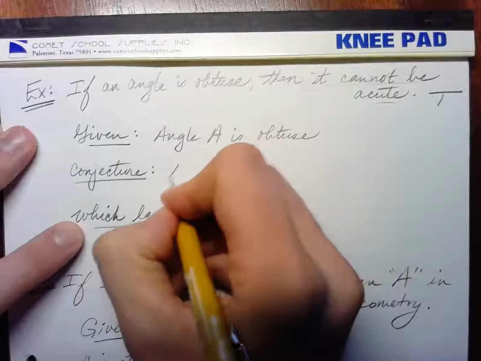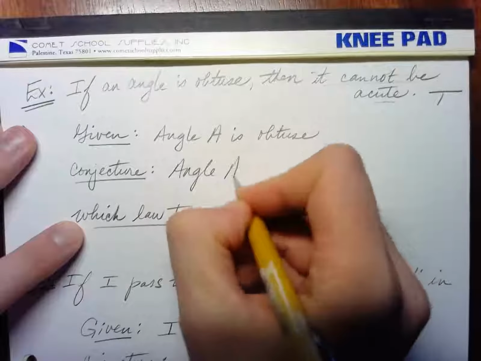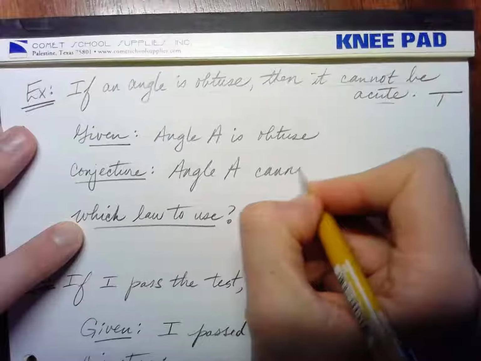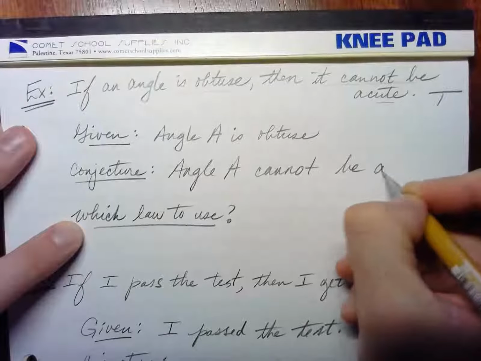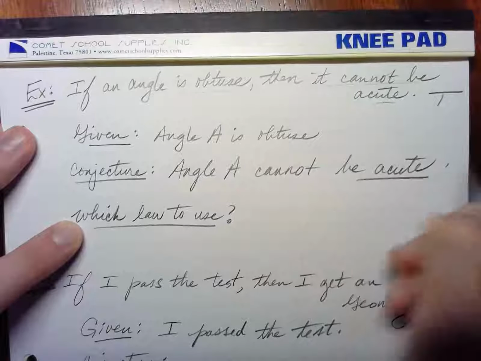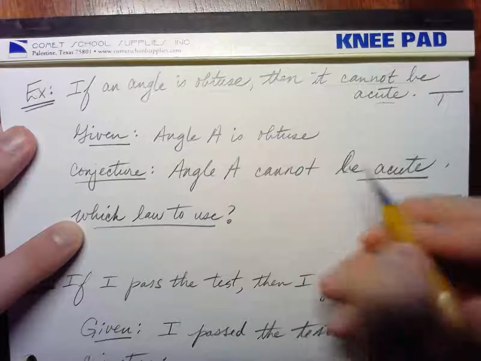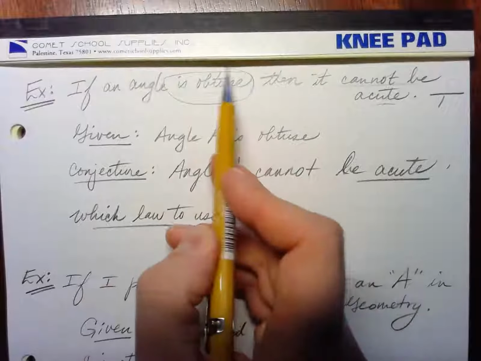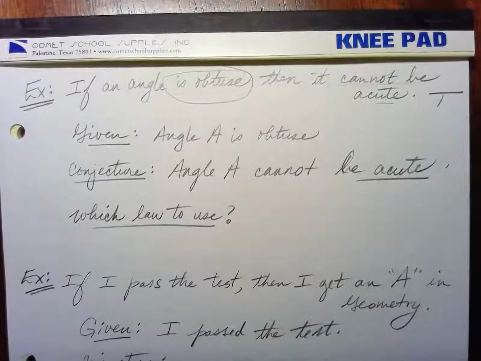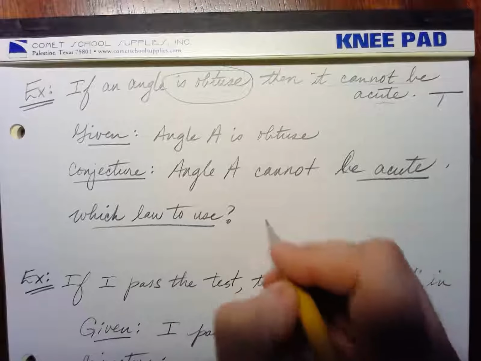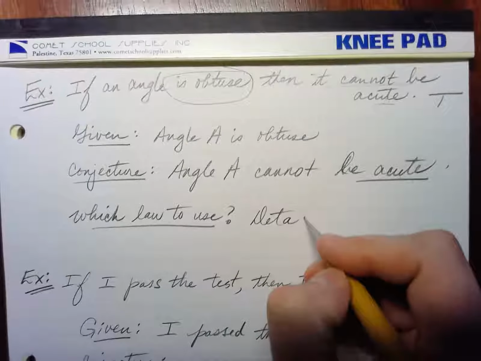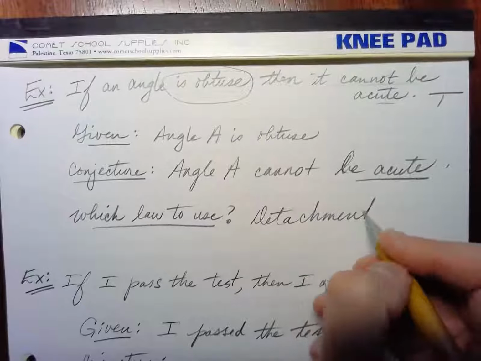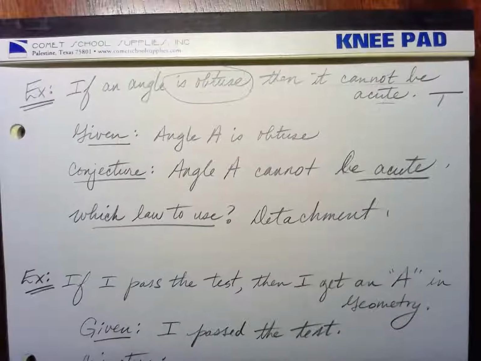So our conjecture is that angle A cannot be acute. You see how I did that? Which law did we use for this? We used detachment.